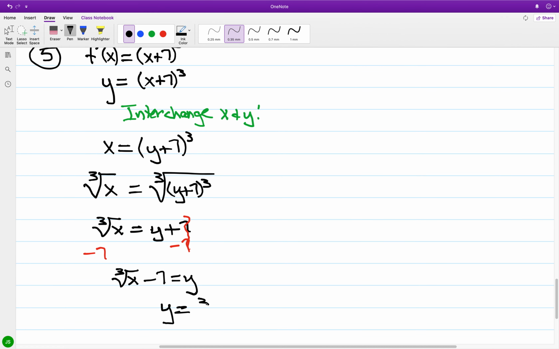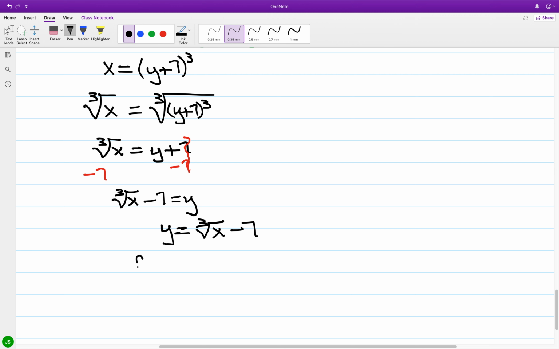So you have y is equal to the cube root of x minus 7. And that y, again, is going to reference the inverse function of f of x, which is equal to the cube root of x minus 7.